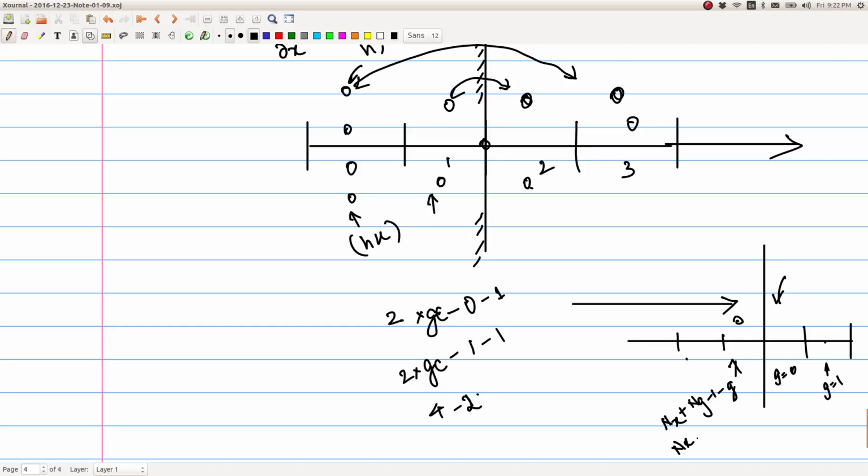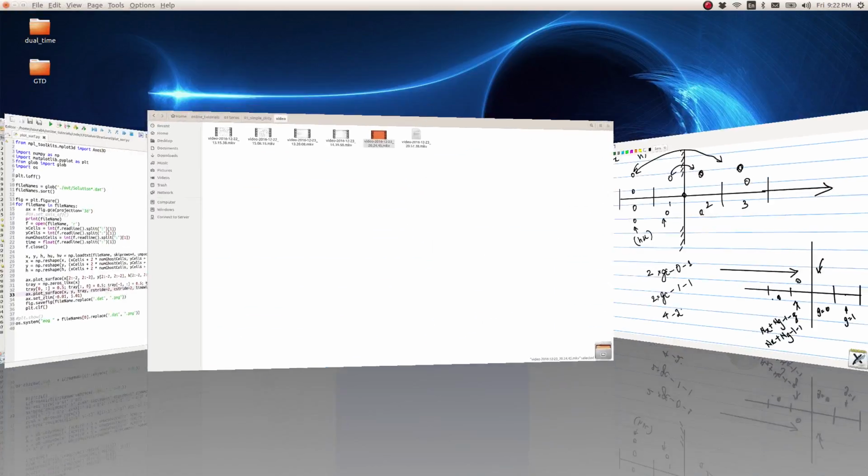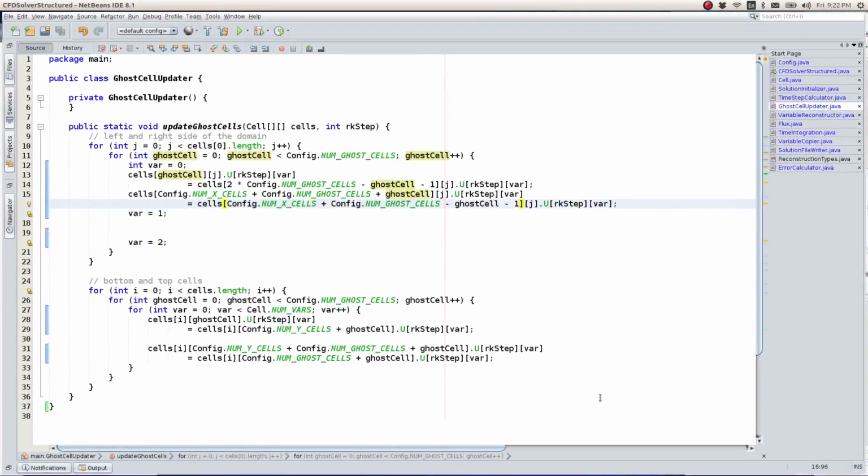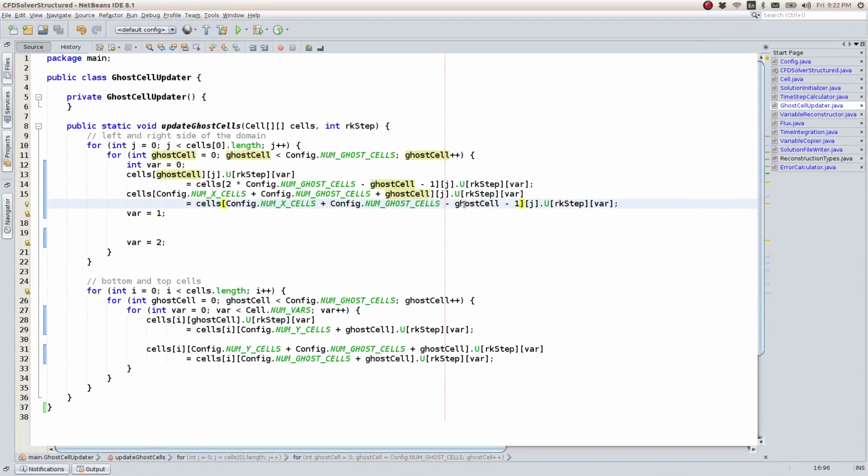And when G is equal to 1, minus 1 minus 1, so yeah, that will take me to this point. That's correct. So it looks like it's fine. Number of ghost cells minus ghost cell, and it's fine.